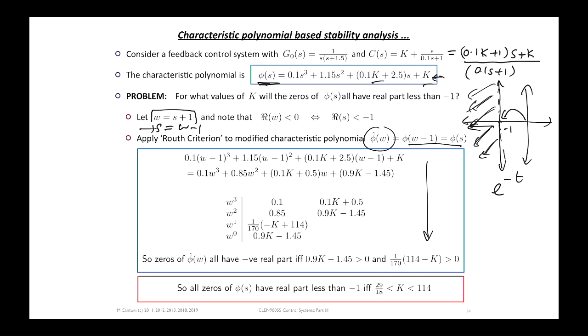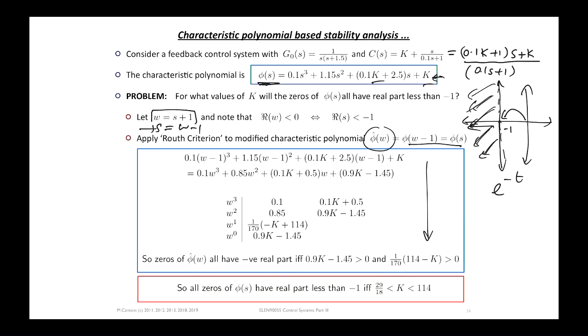All right? So, this is just constructing the Routh array in the same way as before. The first row here is built from this coefficient and this coefficient. The second row from this coefficient and this coefficient. For this row, this is the pivot, right? So this number here is -1 divided by 0.85 times this, minus this times this, and that'll give you this. It depends on K because these two things depend on K, right?